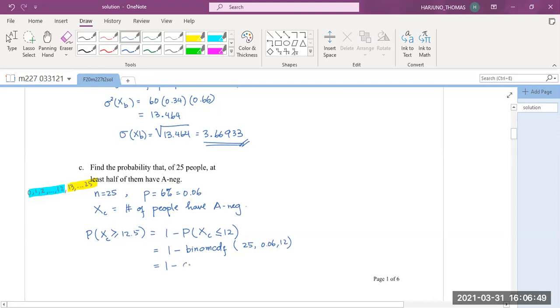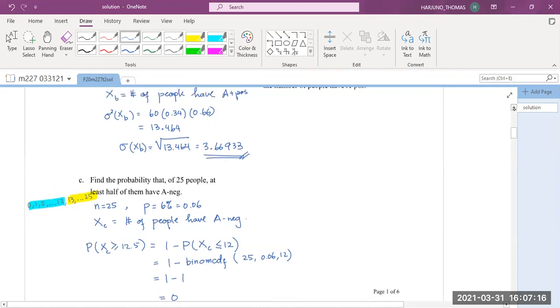I get 0.99999. Oh, that's a long one. That's basically 1 if I round it to 5. Even if I round it to 7 decimal places, it's still 1. So the probability to have at least 12.5 people with A negative is 0. Okay, the probability is 0.